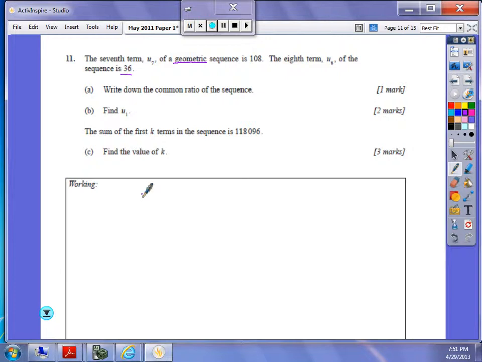Well, we remember that in a geometric sequence, the nth term, I use a's instead of u's, is equal to the first term times the ratio to the power of n minus 1. And we also know that to find the ratio, we can divide any term by its previous term.